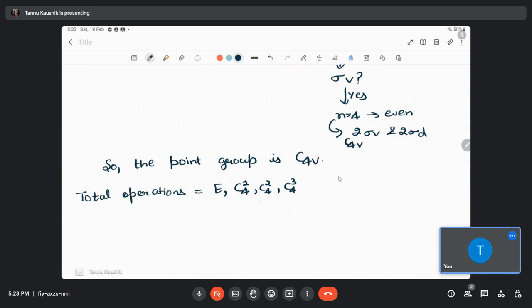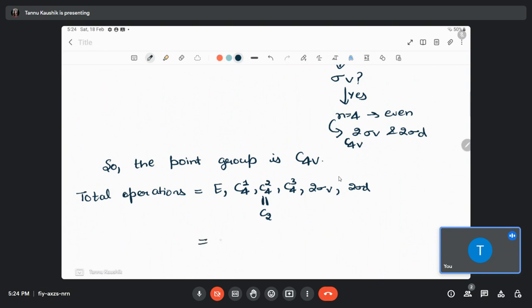But this C4^2 is equivalent to the C2 axis of rotation. So we have two operations generated from this fourfold axis of rotation. Then we have two sigma v planes, two dihedral planes.